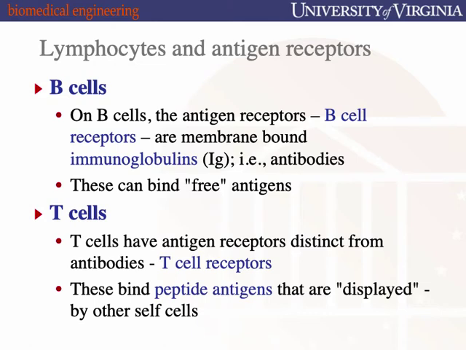I've seen people that have raised antibodies against polyethylene glycol, of all things, and you can do that in your body, which is unfortunate for the biomaterials community. In contrast, T cells are only going to bind peptide antigens that are specifically displayed and presented by other cells. Okay?